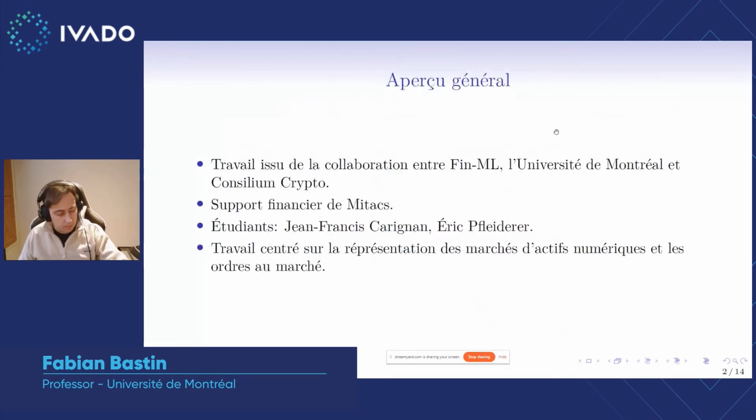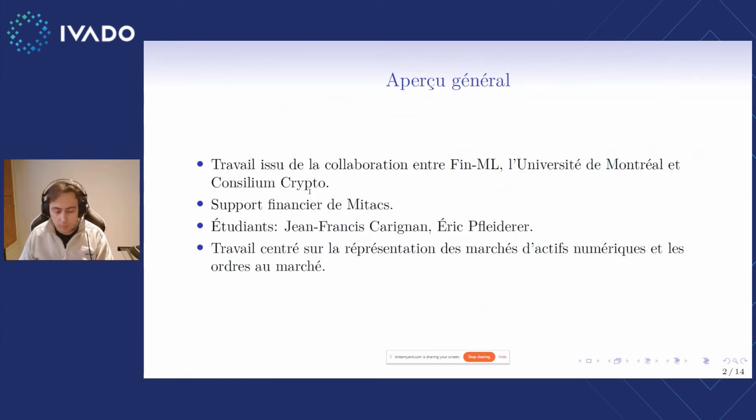So basically, the outline is that we collaborate between Université de Montréal and Consilium Crypto. The collaboration is directed by FinML. This is the project that will collaborate between universities across Canada and FinTech. And I would like to say a special thanks to MyTax, because MyTax provides funding for this research.